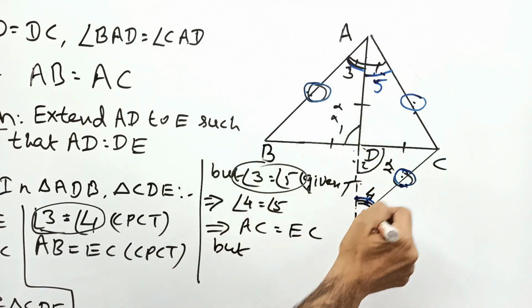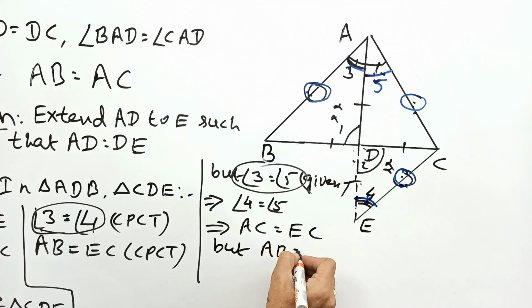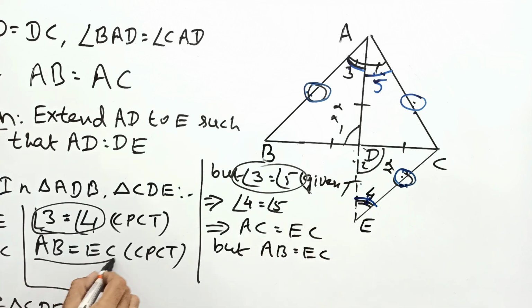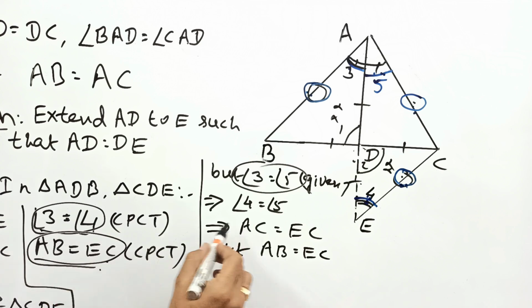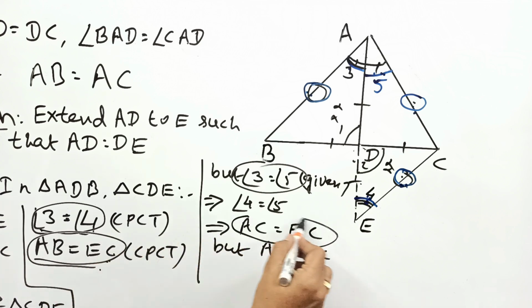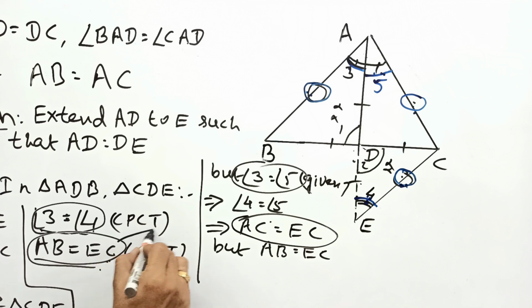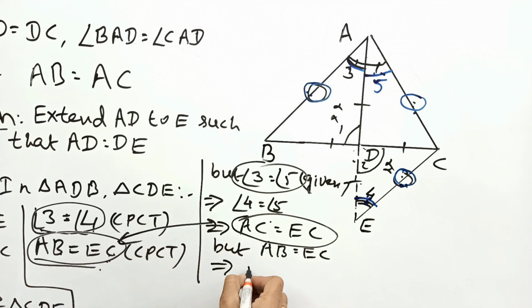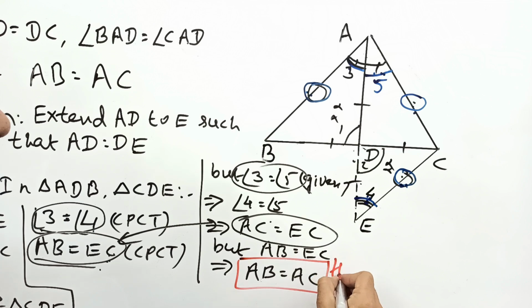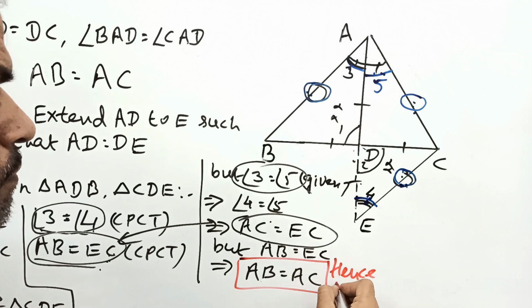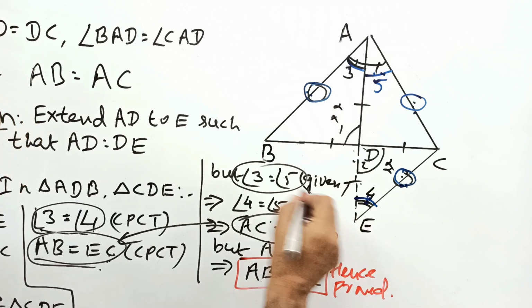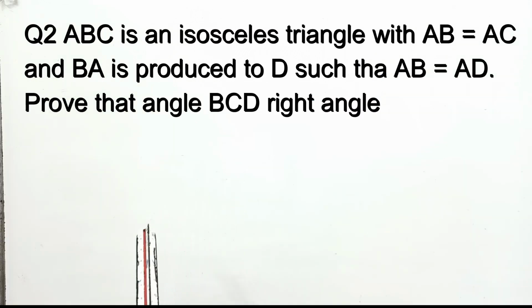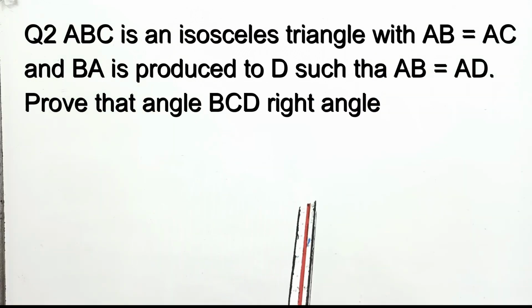But AB equals EC, we just proved that. So using these two equalities, AC equals EC and AB equals EC, therefore AB equals AC. Hence proved.